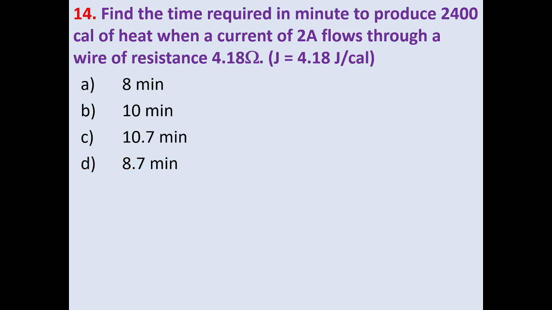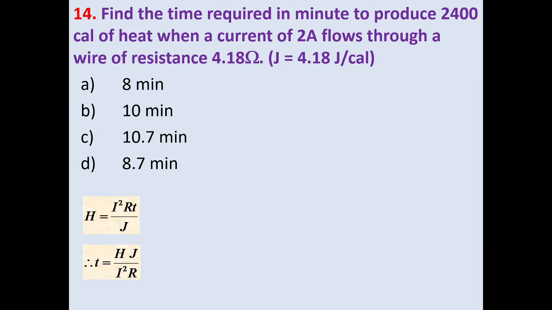Find the time required in minute to produce 2400 calorie of heat when a current of 2 ampere flows through a wire of resistance 4.18 ohm. Again, value of Joule's constant is given 4.18 Joule per calorie. So we'll first write the formula for amount of heat generated as H is equal to I square RT upon J. From that we say that time T is H into J upon I square R. Amount of heat generated, capital H, is 2400 calorie.